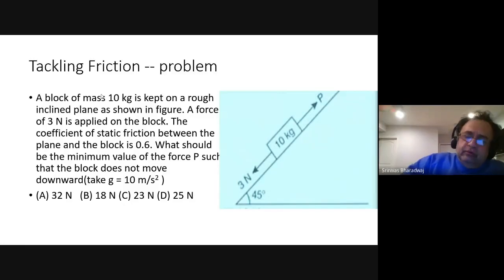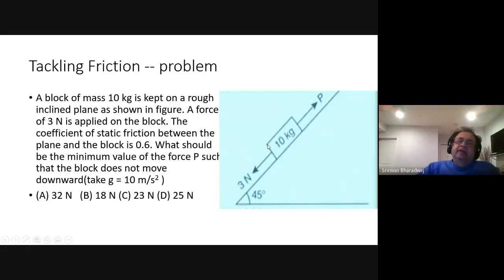Now, if you don't do anything, the force downwards is pulling the block this way, and the static friction is this way, right? What he's trying to imply is that if you don't apply P, then it's going to slide.